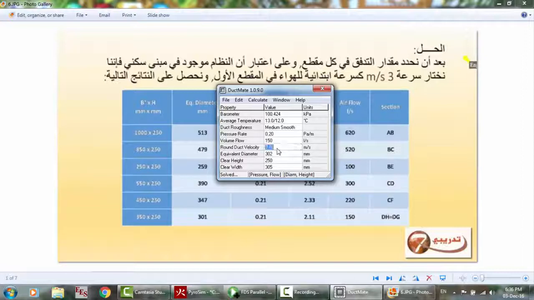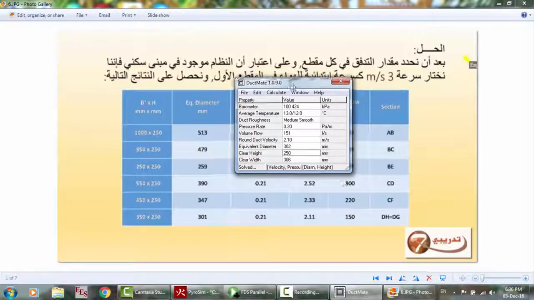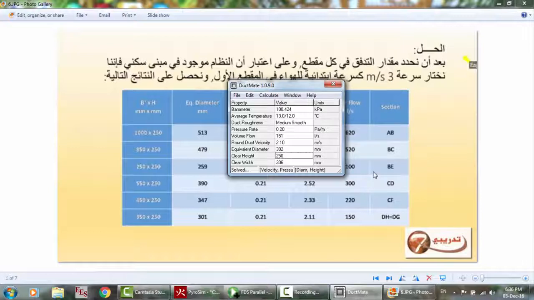Okay, so this is the clear height, the clear width, no problem at all, and there is no problem between the two methods. Okay, ladies and gentlemen, this is the DuctMate. It's very simple, very useful, and very quick.